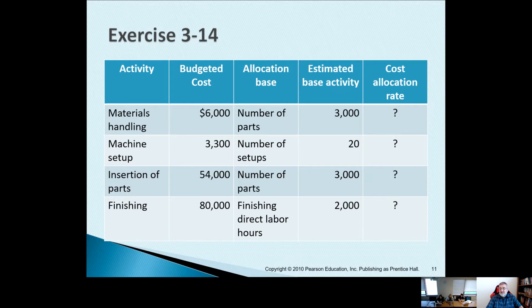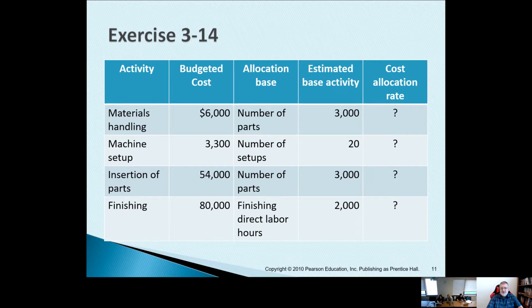Okay, but let's say now we've got $5,400 in cost for inspecting parts. I may have 5 different inspectors in there, and my total cost for inspection is $5,400. Between those 5 inspectors, they're able to inspect 3,000 parts, or at least that's what I'm estimating they're going to do.